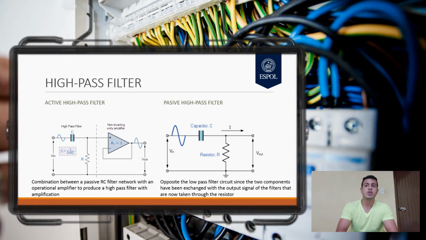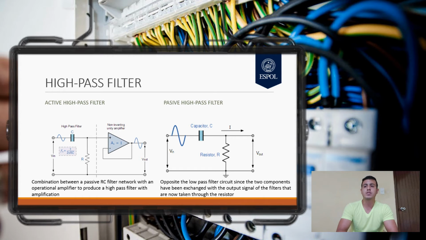Passive high-pass filters. A high-pass filter is the exact opposite of the low-pass filter circuit, as the two components have been interchanged, with the filter's output signal now being taken from across the resistor, whereas the low-pass filter only allows signals to pass below its cutoff frequency point.